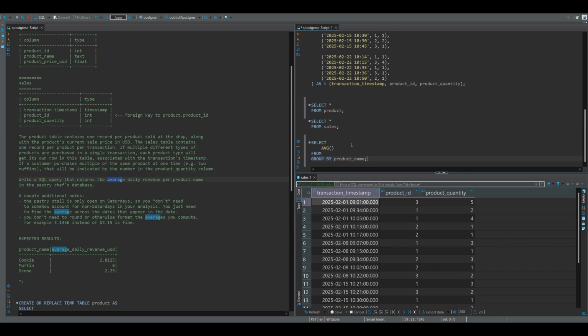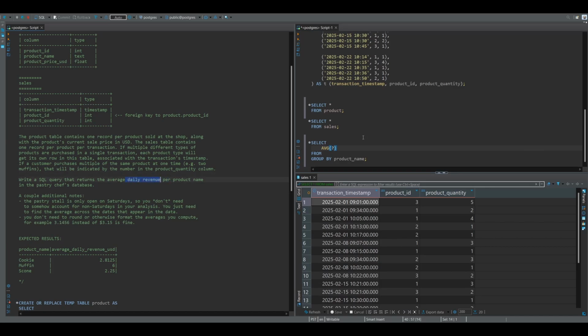What next? Next, we need to figure out what we need to plug in right here. What are we calculating the average of? What metric do we need to plug into the average function? Well, looking back at the problem statement, we need daily revenue.